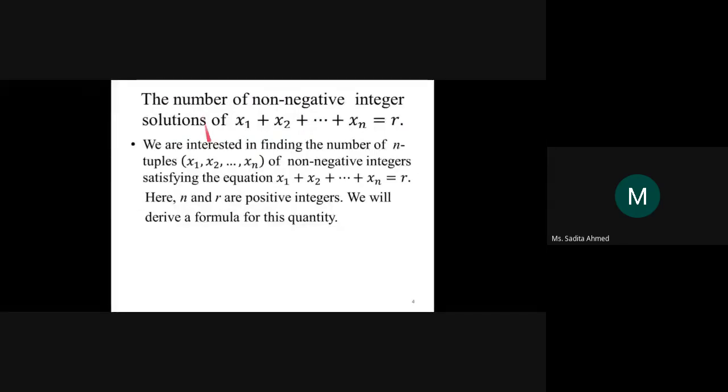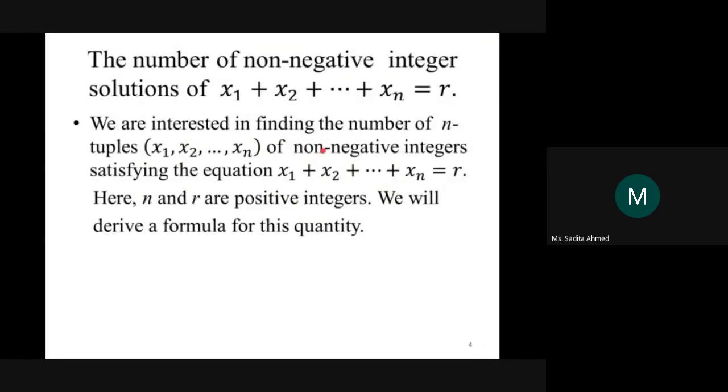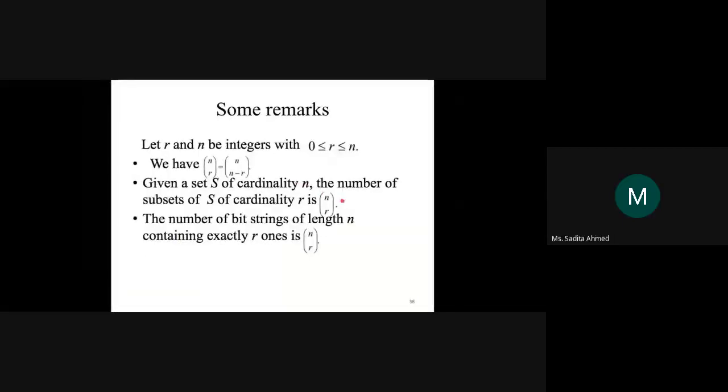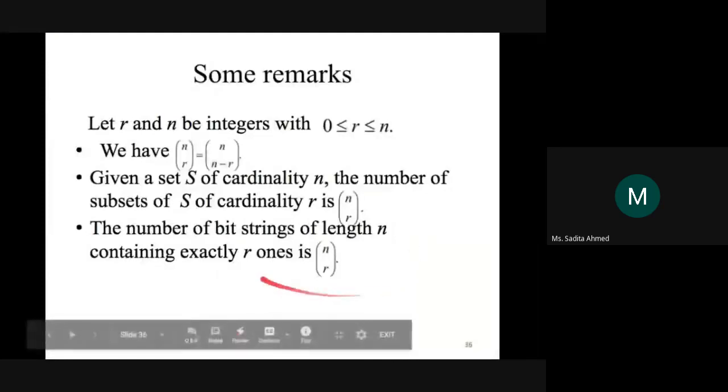Now, in our problem here, the length of the bit string is n plus r minus 1, and the number of ones is exactly what? N minus 1. Yeah. So the length is now n plus r minus 1, and the total number of ones is n minus 1. So what would we have here?